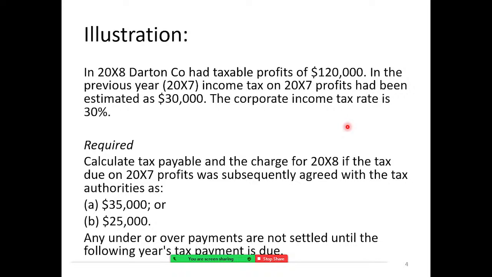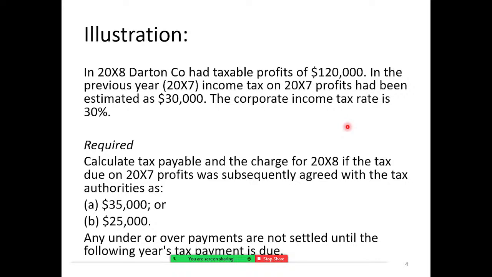The corporate tax rate is 30%. Calculate the tax payable and charge for 2018 if tax due on 2017 profit was subsequently agreed with the tax authorities as: situation 1, 35,000; situation 2, 25,000. Any under or overpayments are not settled until the following year's tax payment is due.